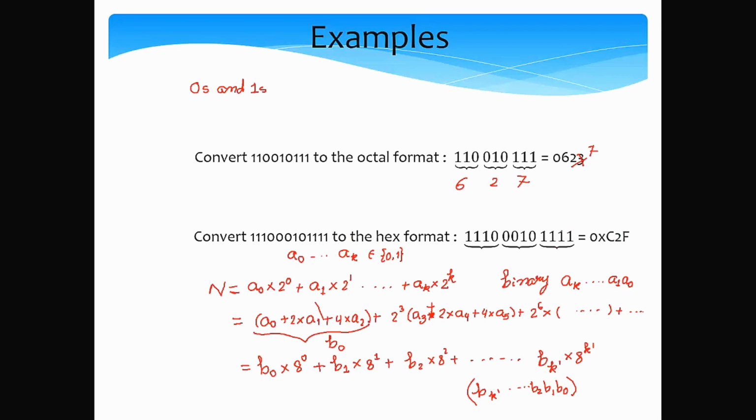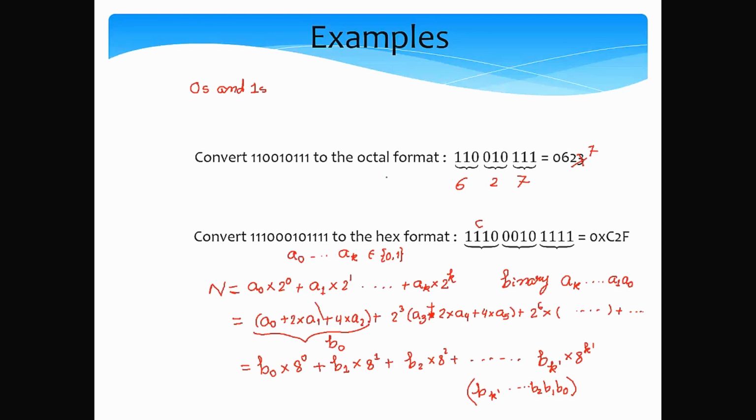So 1111 is an F, 0010 is 2, and 1110 is 12, which is the hex digit C. So what we have is a very compact representation for 12 binary bits using 3 hexadecimal digits. Hexadecimal is abbreviated as hex.